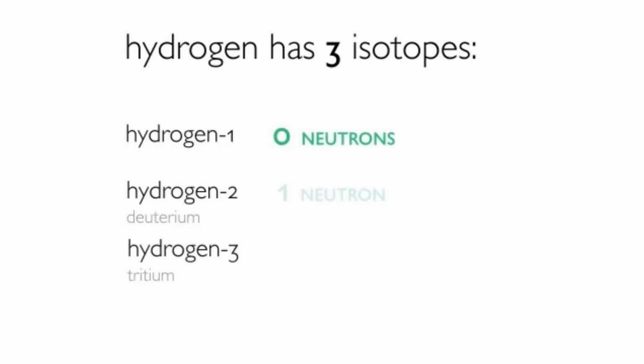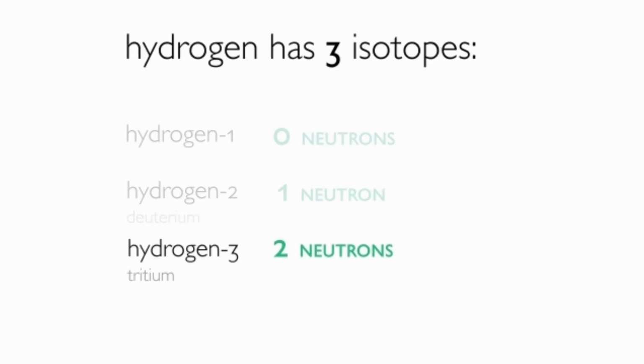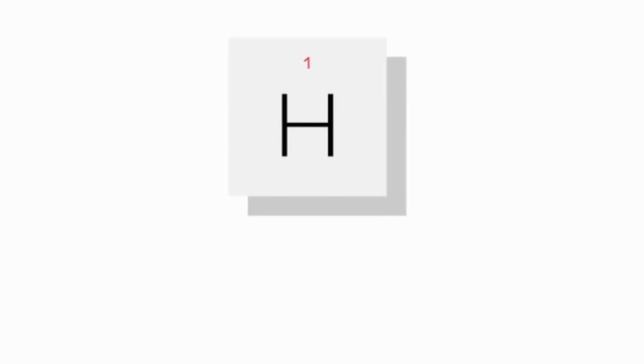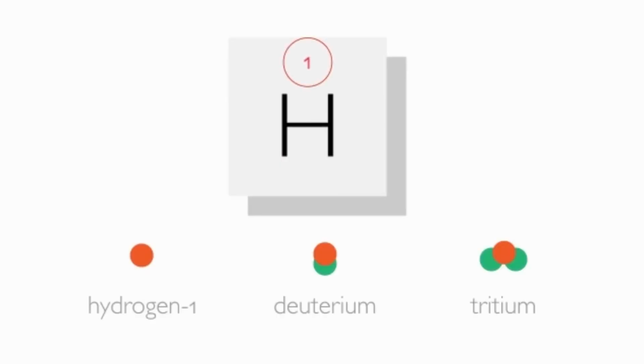They have 0, 1, and 2 neutrons respectively. Tritium is the heaviest isotope of hydrogen as it has a larger mass number. Note that in each of these isotopes there is a single proton. This means that the element is unchanged, and that's the important point. It is still hydrogen and will react chemically in exactly the same way.